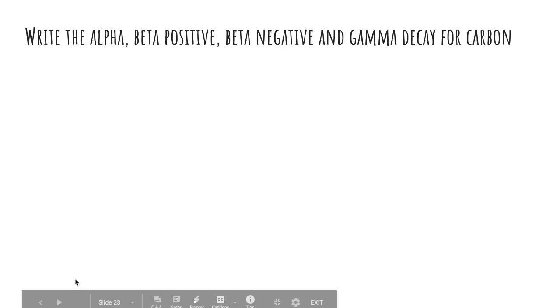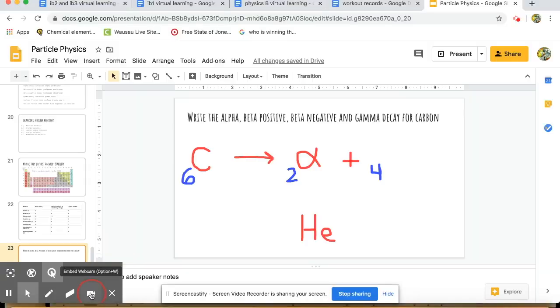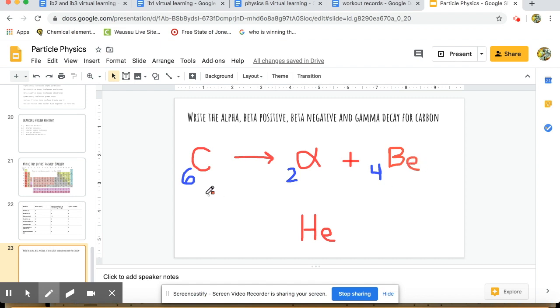It's beryllium. So I'm going to write this down: beryllium is the particle that's left over. Sweet. Now the charges are good. 6 equals 2 plus 4. The charges are balanced out.